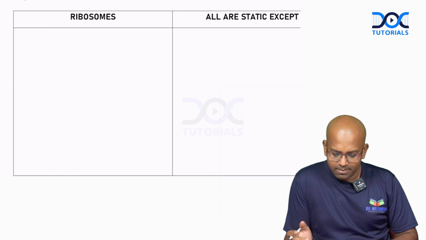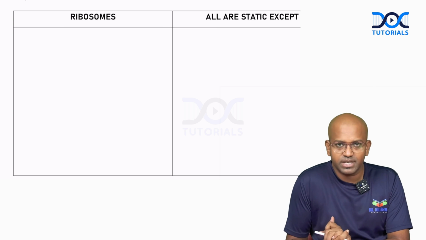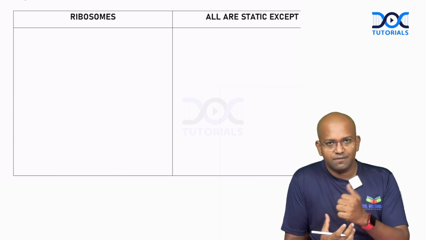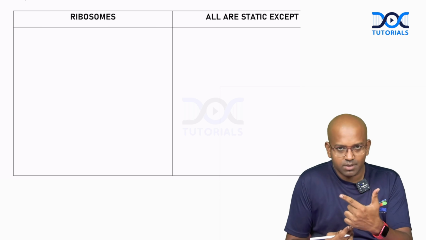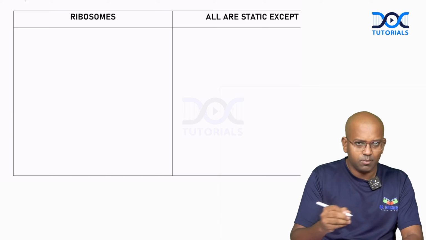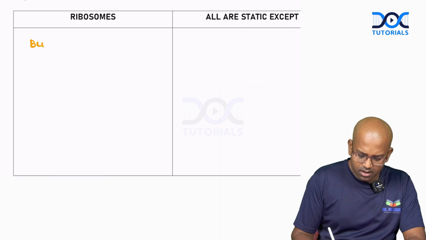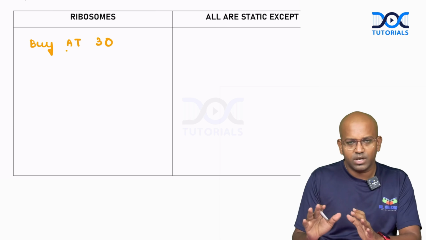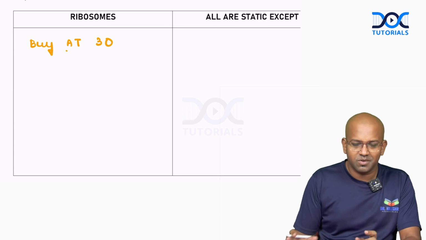Let's look into the mechanism of action of individual drugs, in which ribosomes these drugs will be producing their mechanism. Of course, we have 30S and 50S ribosomal subunits. Here, a very old mnemonic, guys: Buy at 30, sell at 50. Just remember only Buy at 30, because sell at 50 is not going to be useful right now.